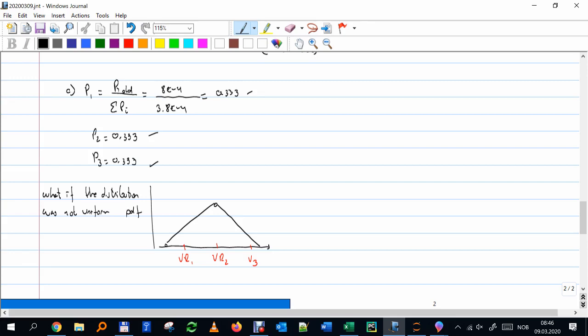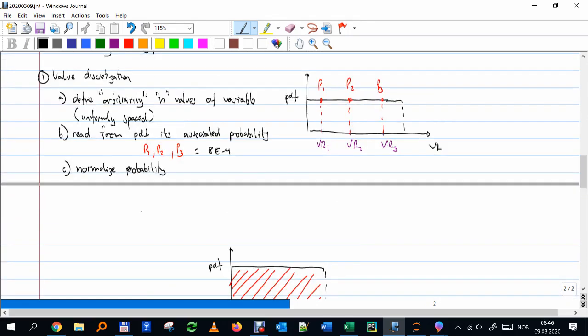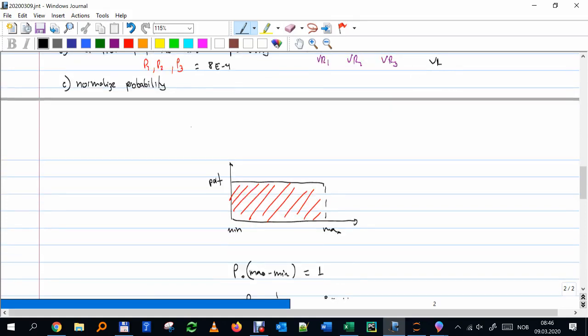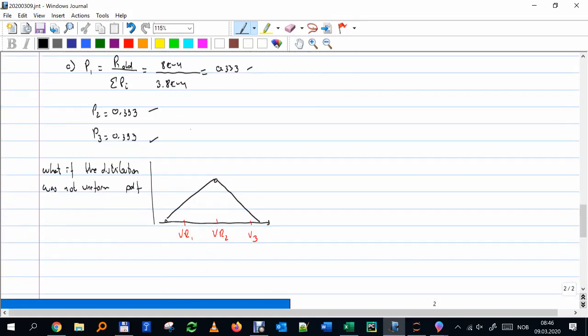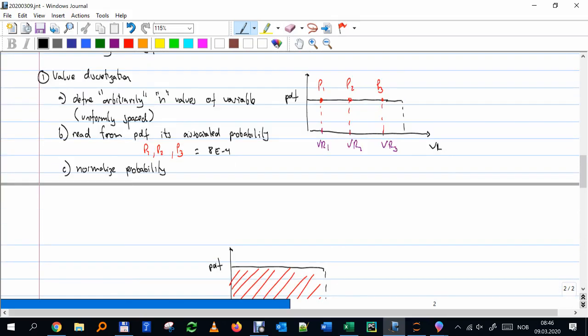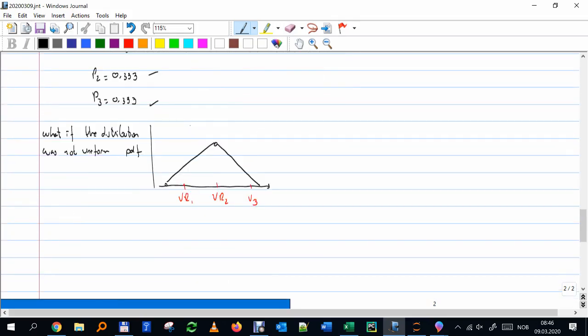I define 3 values, follow again the same steps, define arbitrarily n values, maybe equally spaced, V1, V2, V3. Then I read the probability, that means I go up here and I read this number and this number, and then I normalize, the same thing. But now the 3 won't have the same probability; they are going to be different.